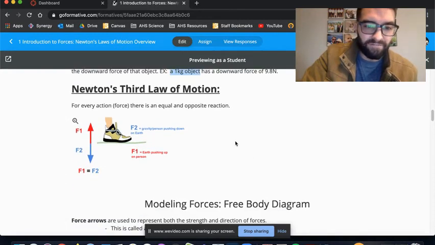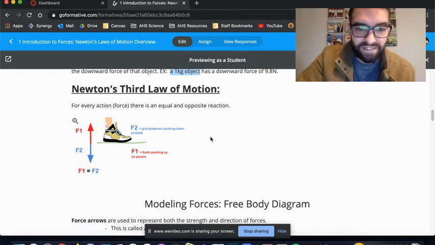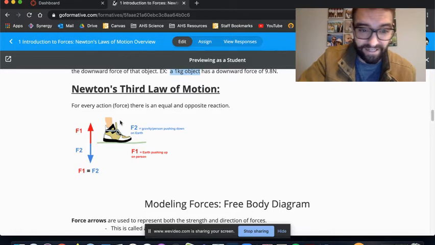Newton's third law, and this one is pretty commonly talked about. I think it's very simple to read and maybe understand, but I also have a diagram here. So Newton's third law, for every action, and in this sense it's going to be force, for every action there is an equal and opposite reaction.